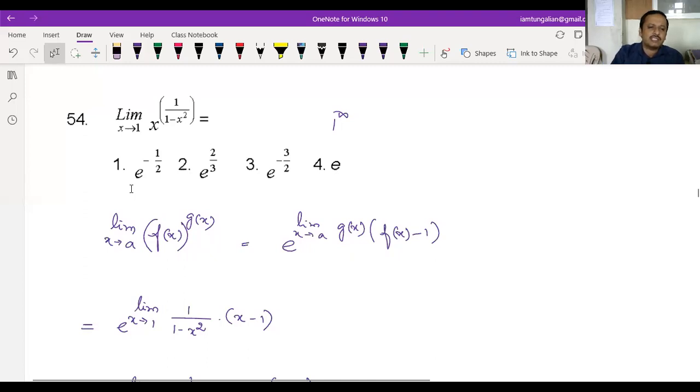When I put x as 1 here, we are going to get e power 1 by 2. That's the first option.